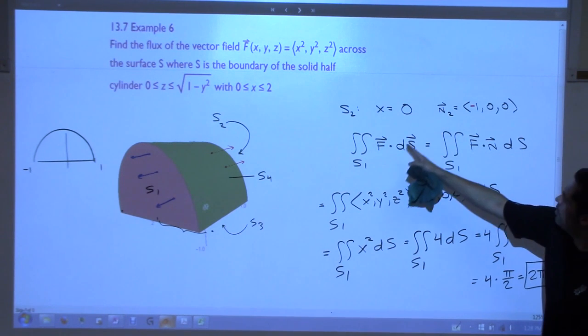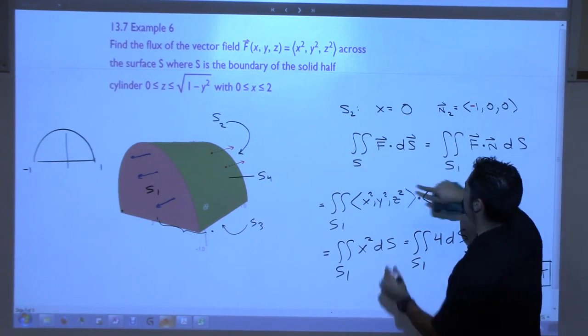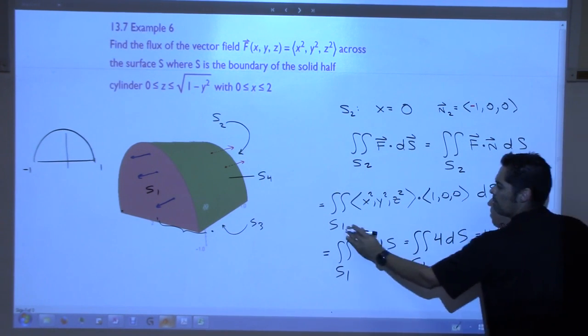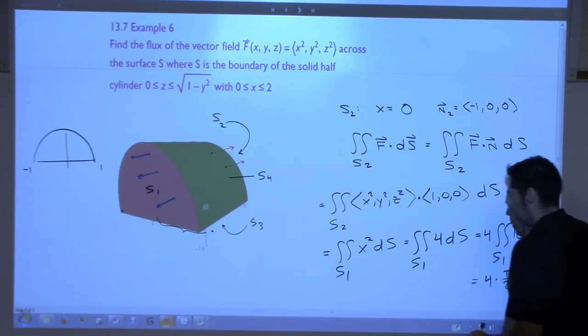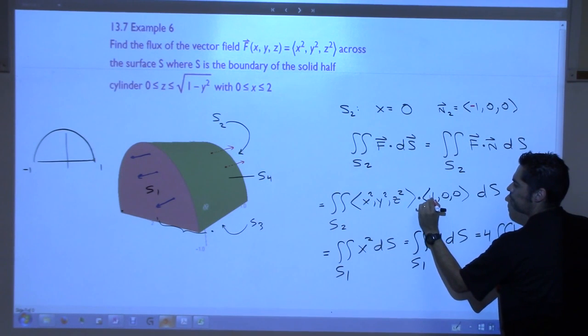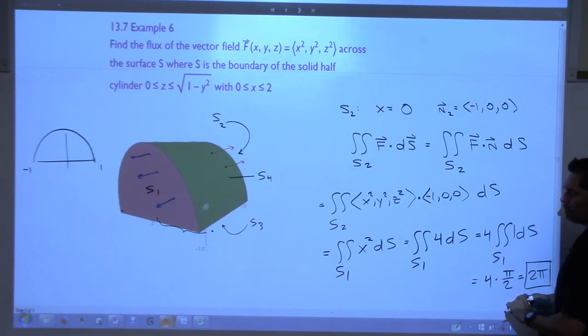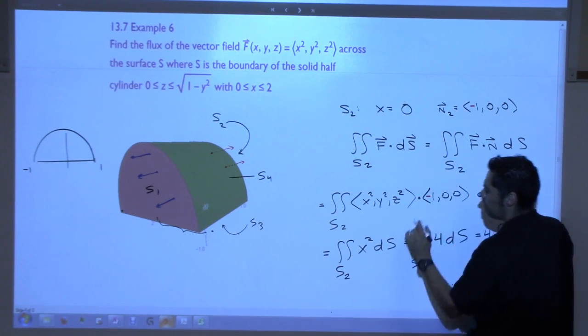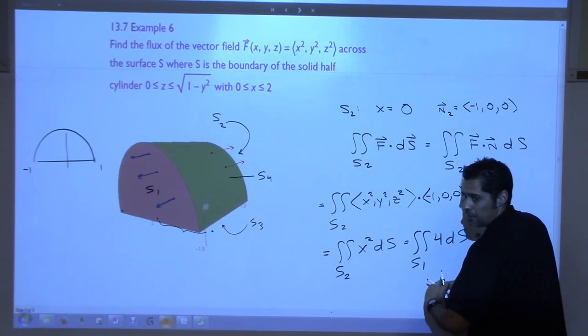And then when we go through here, we change this to S2, change this to S2, change this to S2, change this to negative, and when we dot it, this actually gave us a negative x squared.